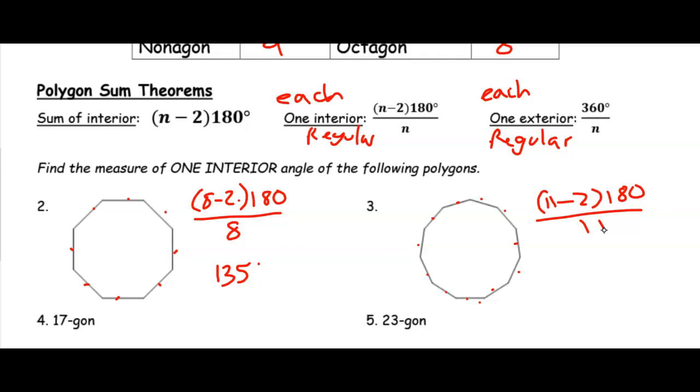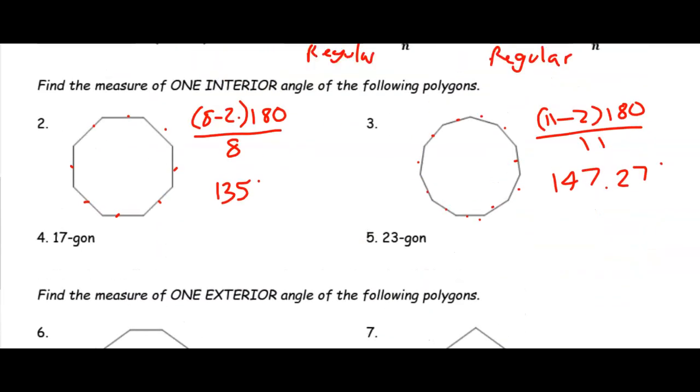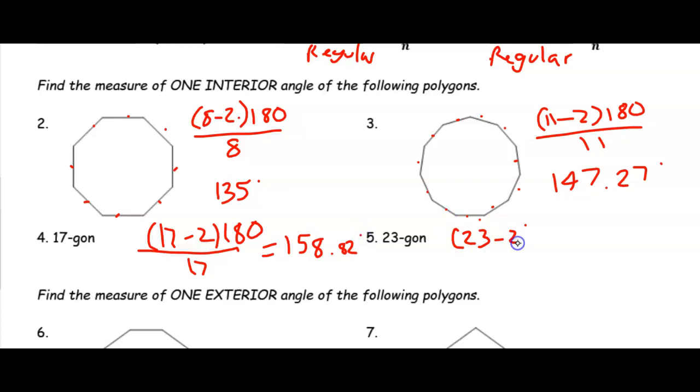Look at the calculator. 147.27. 17 sides: 17 minus 2 times 180 divided by 17 is 158.82 degrees. 23 sides: 23 minus 2 times 180 divided by 23.